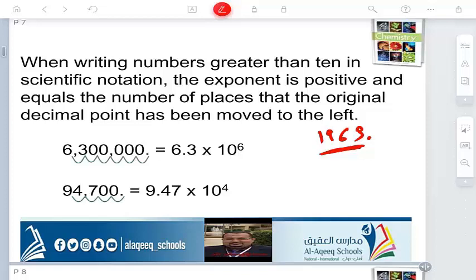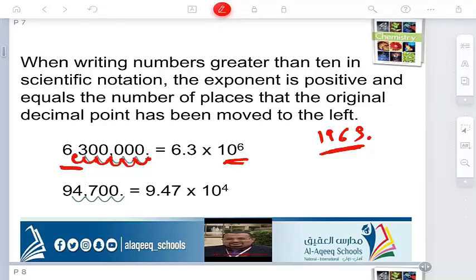And look, you are moving how many steps? 1, 2, 3, 4, 5, 6, to make the coefficient between 1 and 10. So the decimal must be here: 6.3 times how many steps? 1, 2, 3, 4, 5, 6. So 10 to the power of 6.